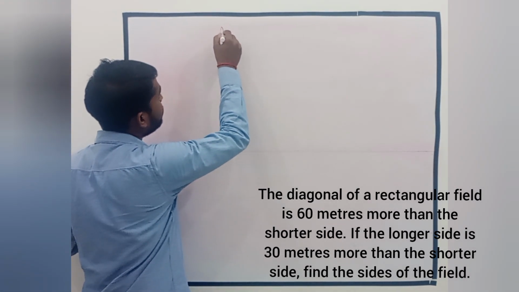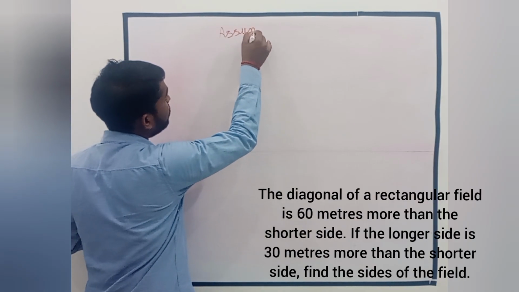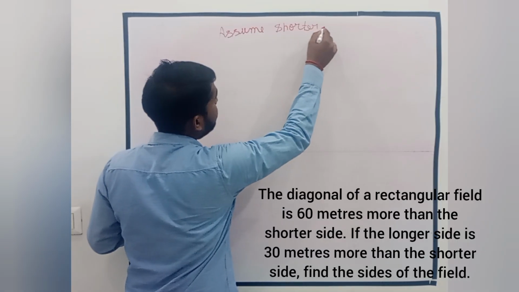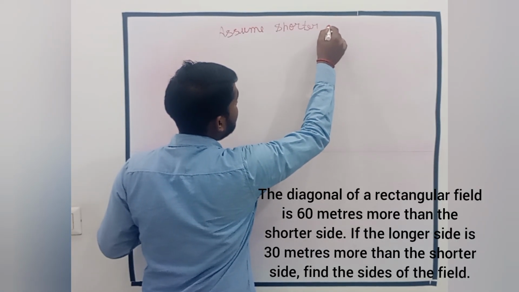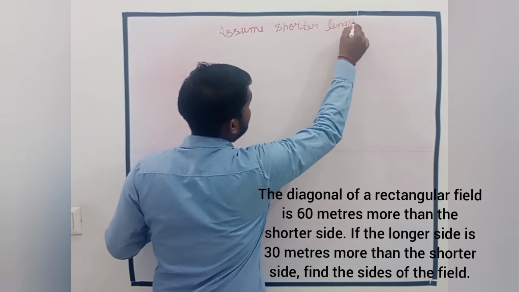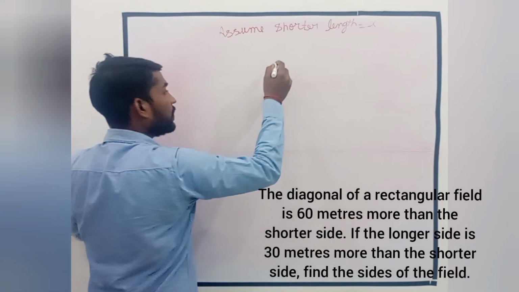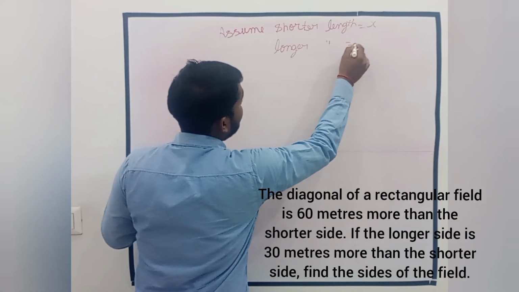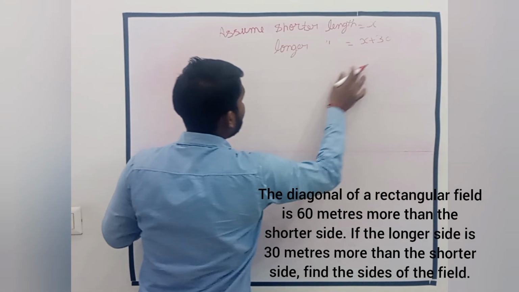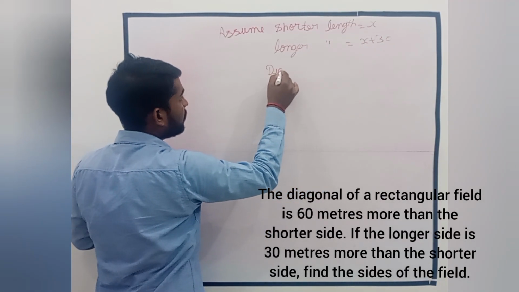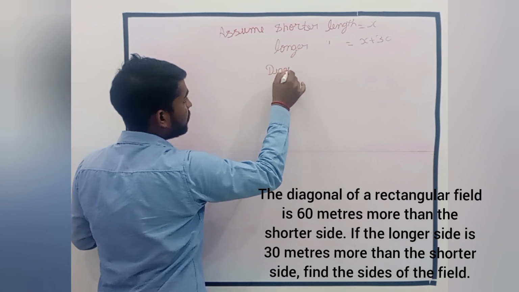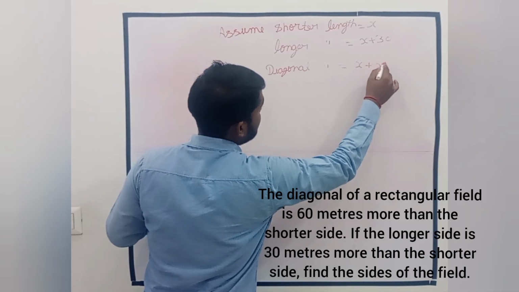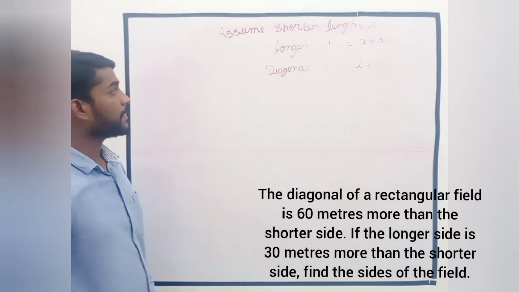And we assume shorter length be x, longer length x plus 30, and the diagonal length is x plus 60, so 60 more than the shorter distance.